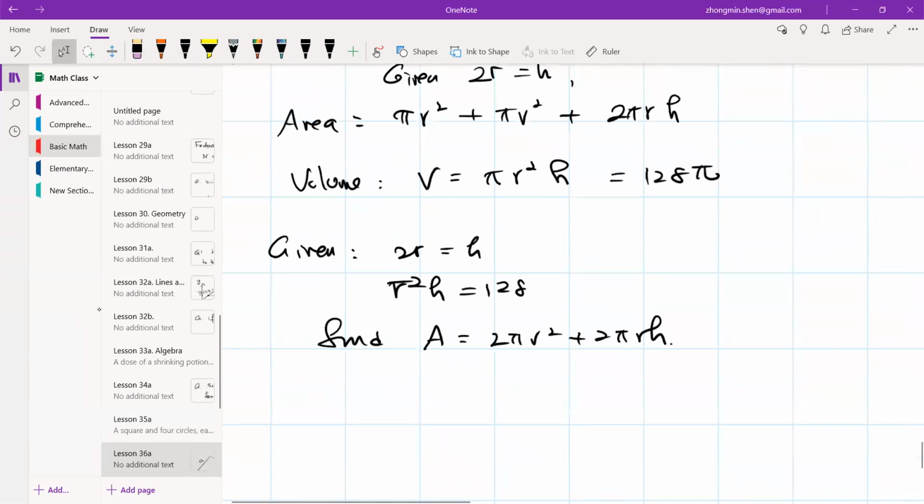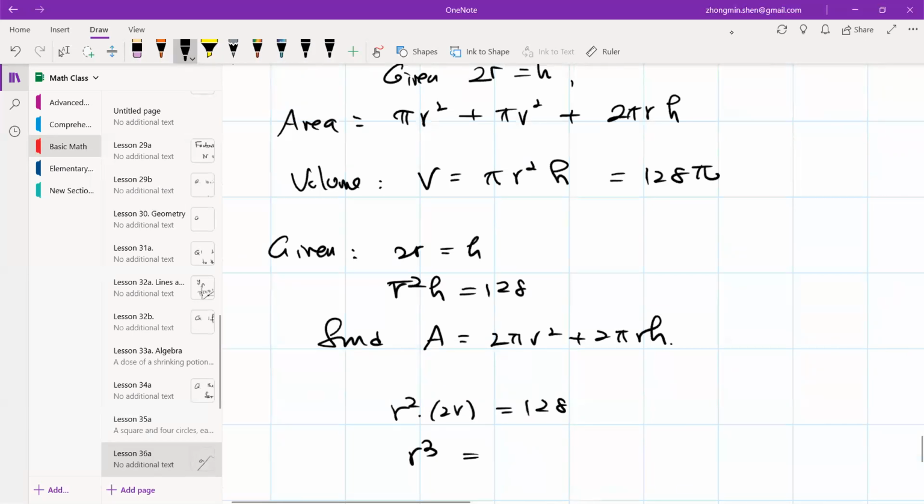Are you able to figure out the value? I think you can solve for r first. From the top, r squared times h, with h equal to 2r, equals 128.